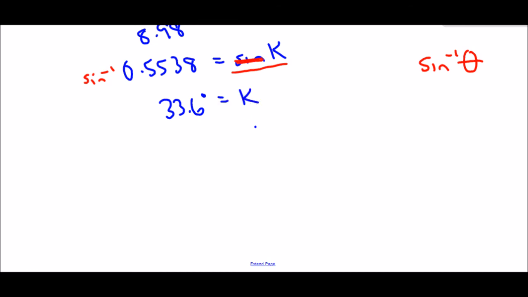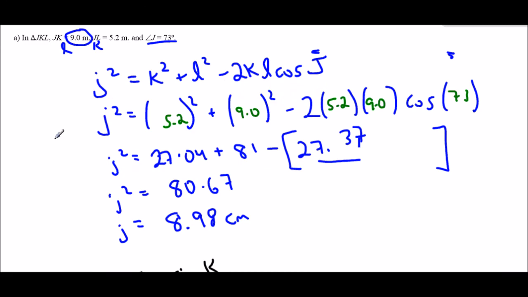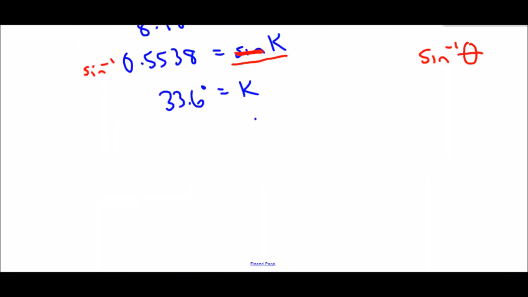So now, if we go back to the original triangle, now I know that this angle is 33.6 degrees. So now to calculate angle L, I could set up the sine law again, but since I know two of the angles in my triangle, I can calculate the third pretty quickly by using the angle sum theory, which tells me that all the angles in a triangle add to 180, and therefore angle L is equal to 180 minus the angles that I know already.